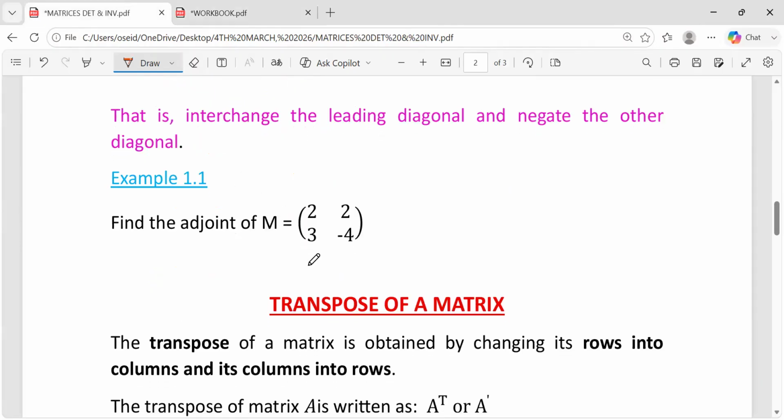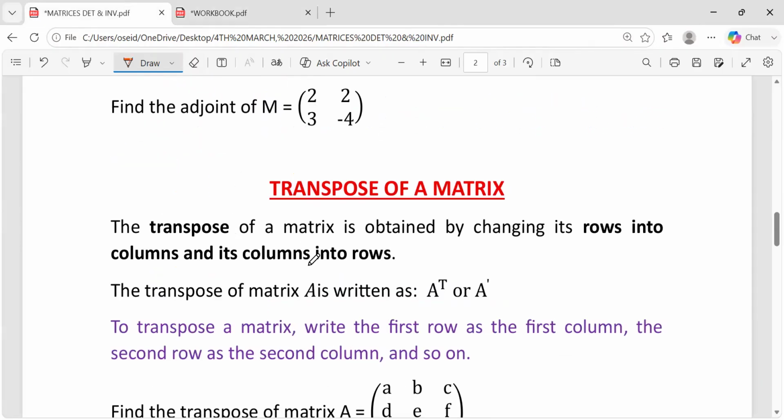So now we are done with adjoint. We are moving on to transpose of a matrix. The transpose of a matrix is obtained by changing its rows into columns and its columns into rows. As simple as that, as the phrase is explaining itself.